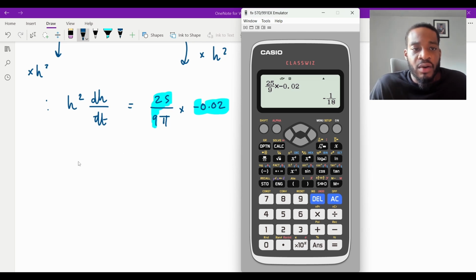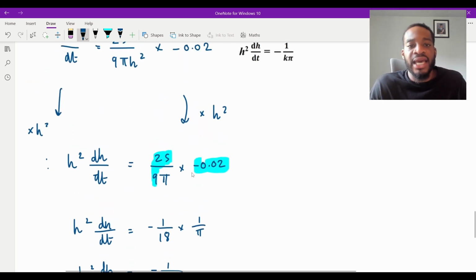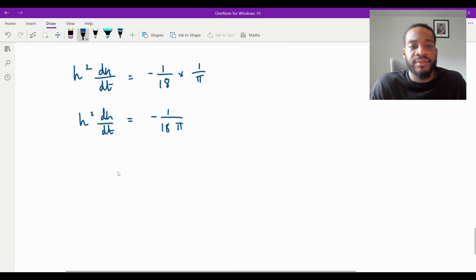So therefore, h squared dh/dt is going to equal minus 1 over 18, times that 1 over pi, like that. And then that is just going to be minus 1 over 18 pi. So we've done it. Perfect. And obviously k is going to be 18, isn't it?